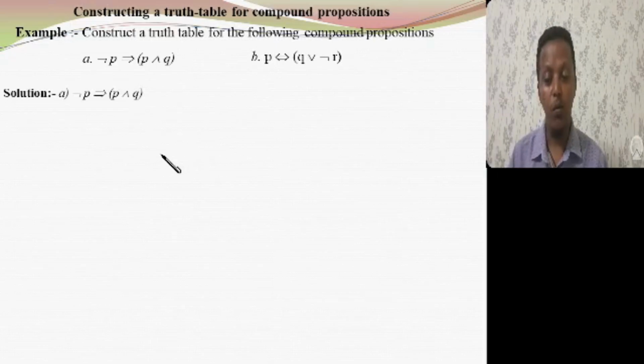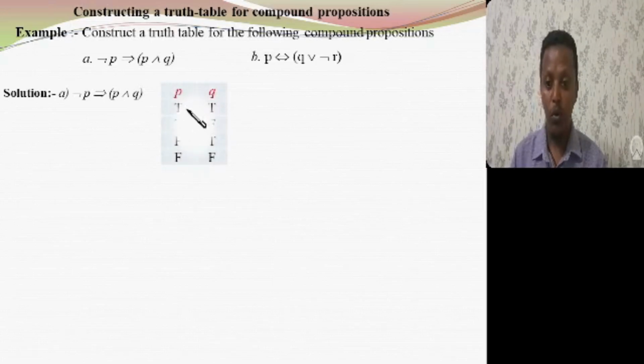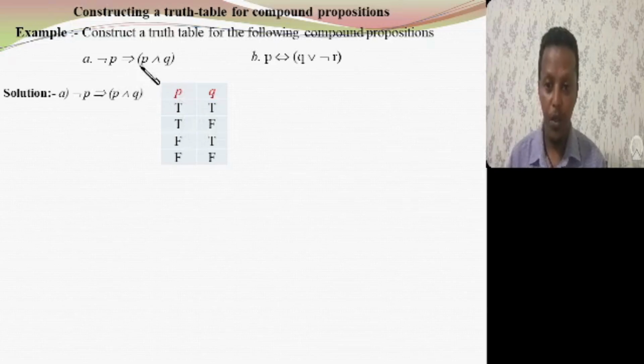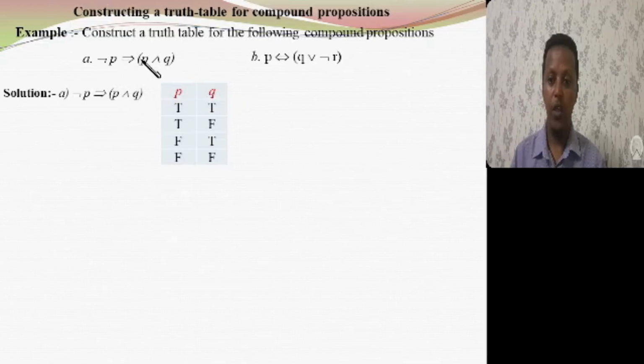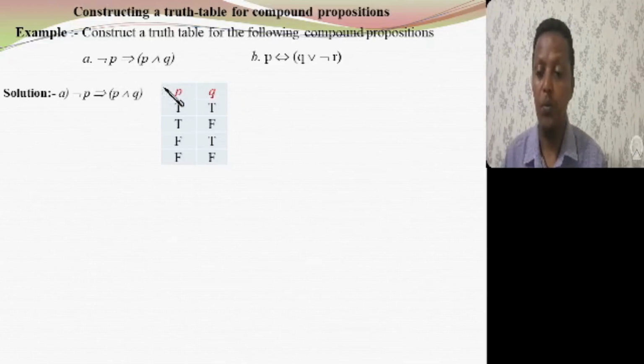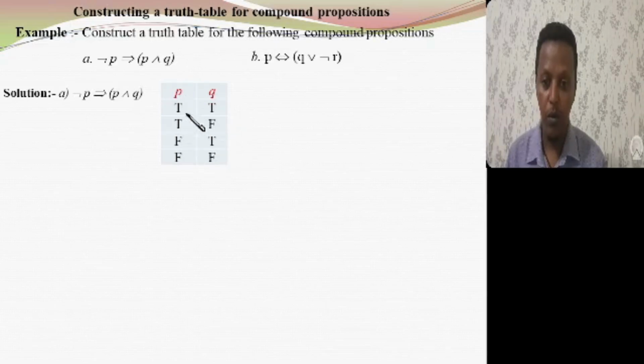We expect 4. So first we list the 4 possibilities. Always the order is first we write P, then Q. So true, true, false, false in the first column, true, false, true, false in the second column. So these are the four.